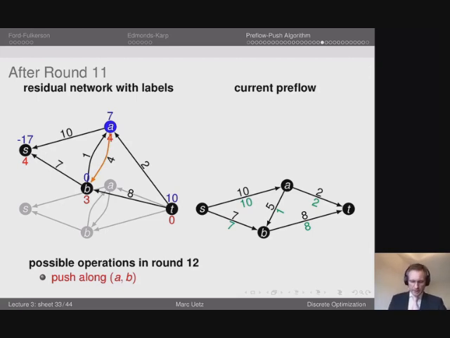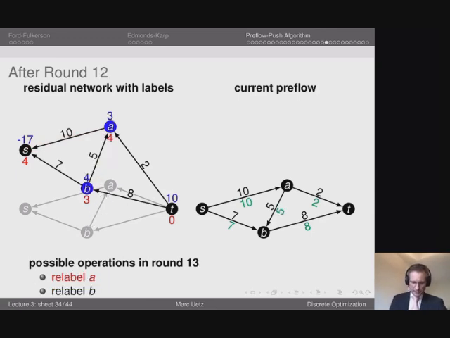And now we see that we can actually push flow from A to B. Okay, so that is not strictly necessary, but it might happen. So we do that. Let's say that is the only option that we can do at the moment because the edge towards S is not yet eligible. Okay, so we push flow from A to B. That's what the algorithm does.